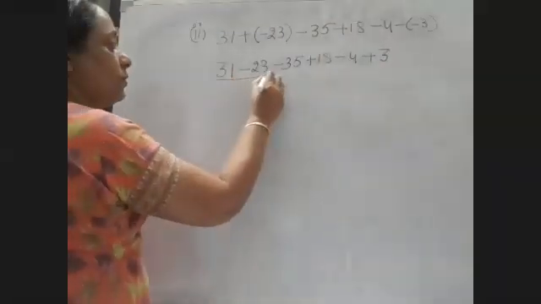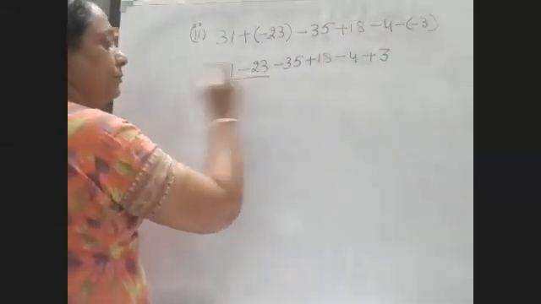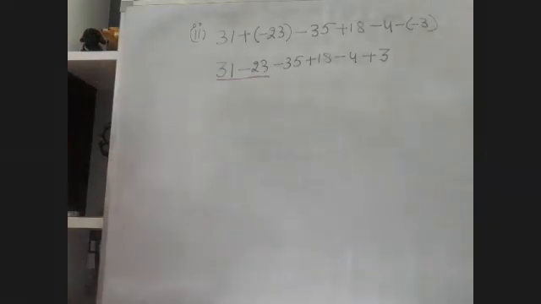So first we solve this part. 31 minus 23.